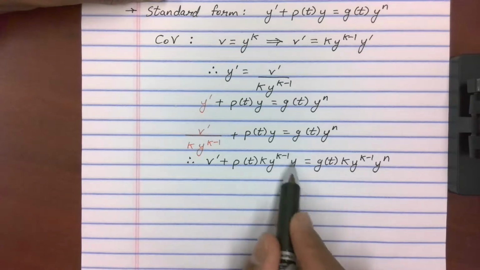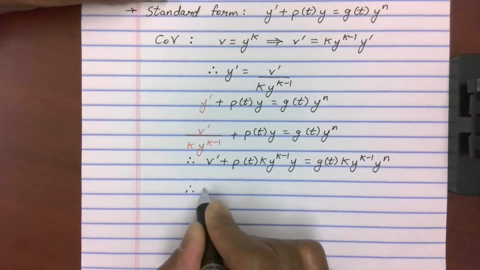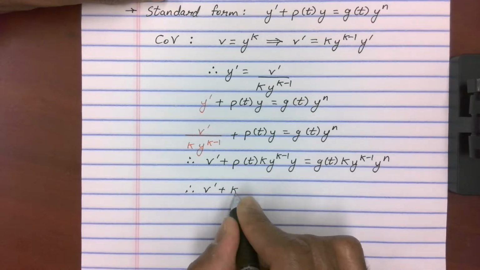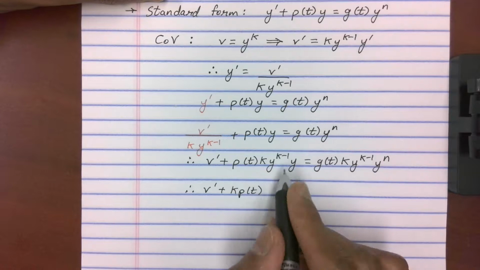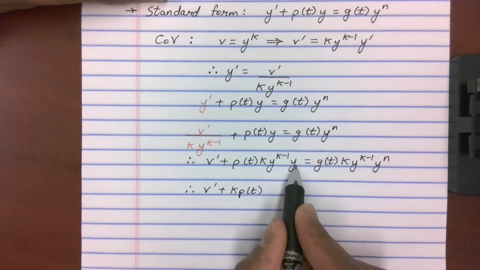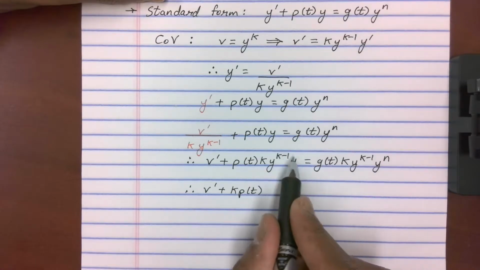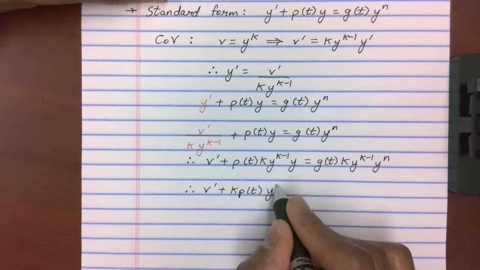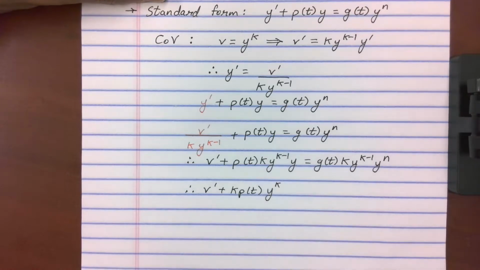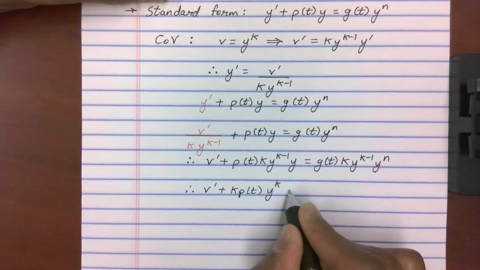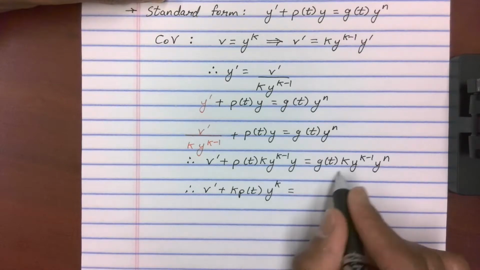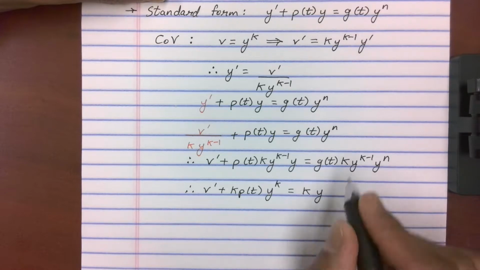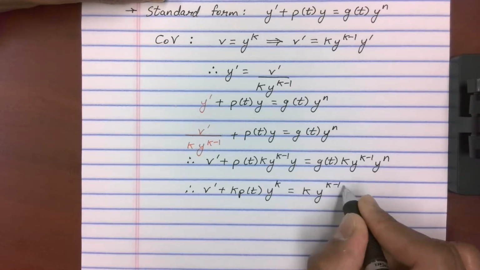Okay, so let's simplify this. Therefore, we have v prime. Let me bring this constant k in the front. So we have k times p of t. Now we can combine the two y's because they have the same base and different exponents, so we can add the exponents. If you add the exponents, you have k minus 1 plus 1, which comes out to k. And that is equal to, again, let's bring this k in the front, and we have y raised to k minus 1 plus n.